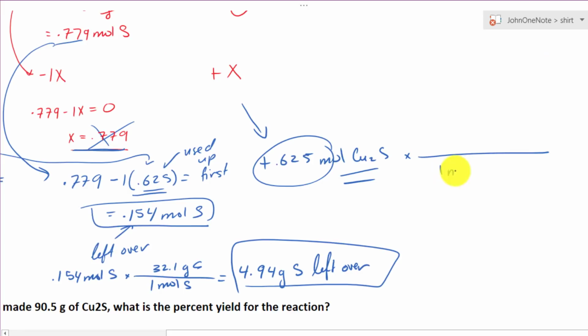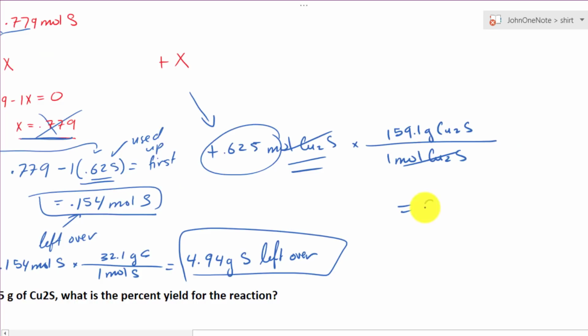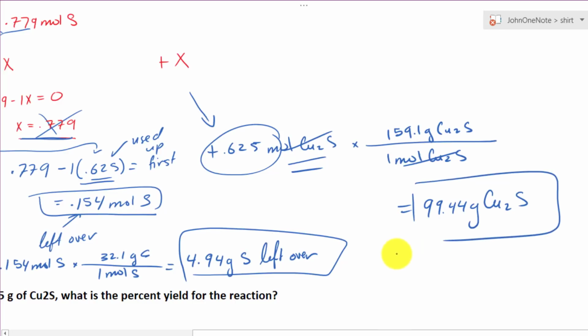So we have 1 mole on the bottom, in this case Cu2S, and 159.1 grams of Cu2S. And the moles cancel out. We have 0.625 times 159.1, and that gives us 99.44 grams of copper sulfide, and that is how much is being produced by the limiting reagent.